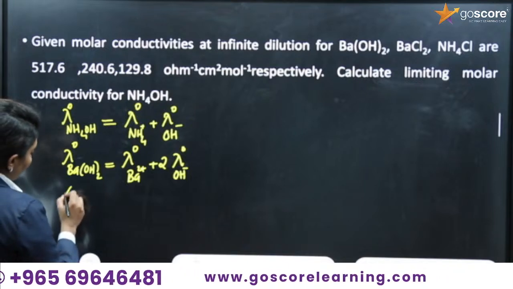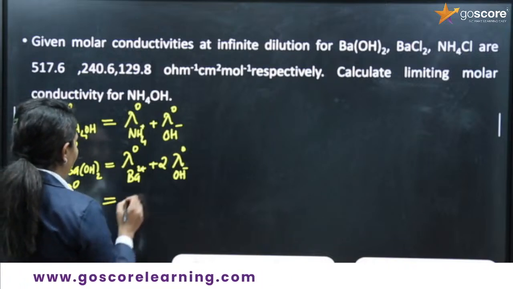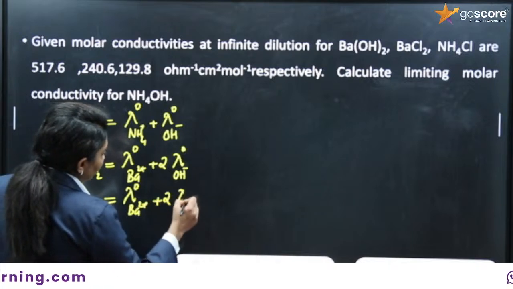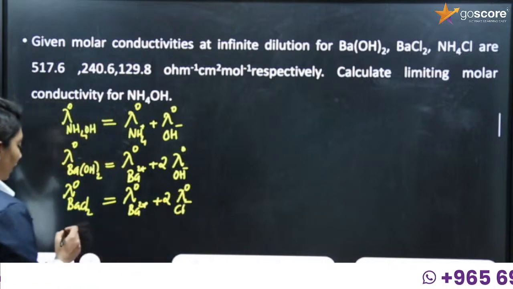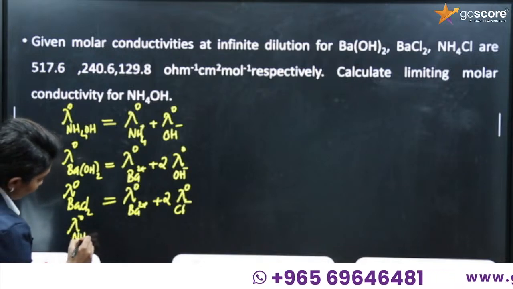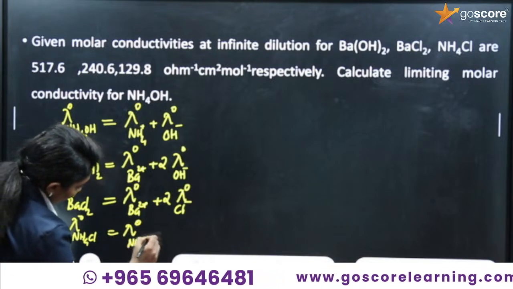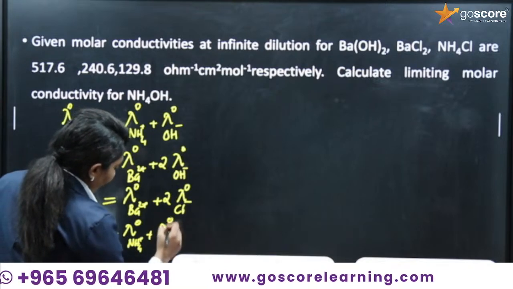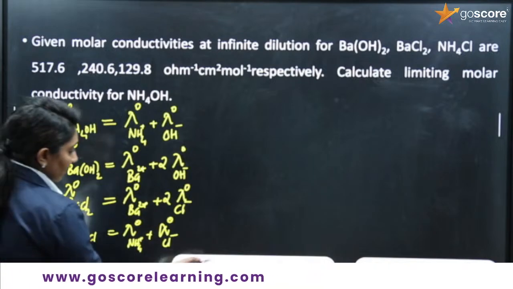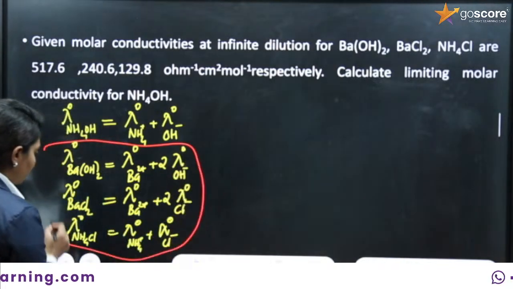And the next one is barium chloride. The limiting molar conductivity of barium chloride will be equal to Ba2 plus plus 2 into the ionic conductivity of chloride ion. What about the limiting molar conductivity of NH4Cl? It will be equal to NH4 plus Cl minus, right?